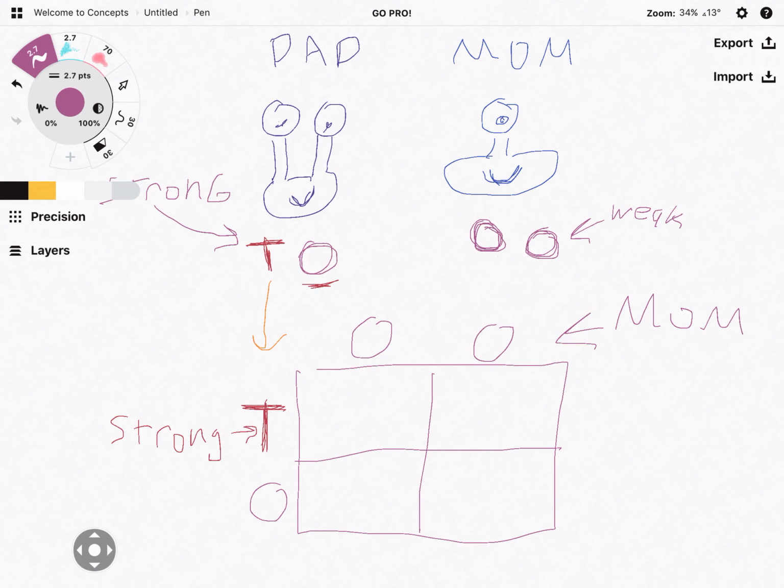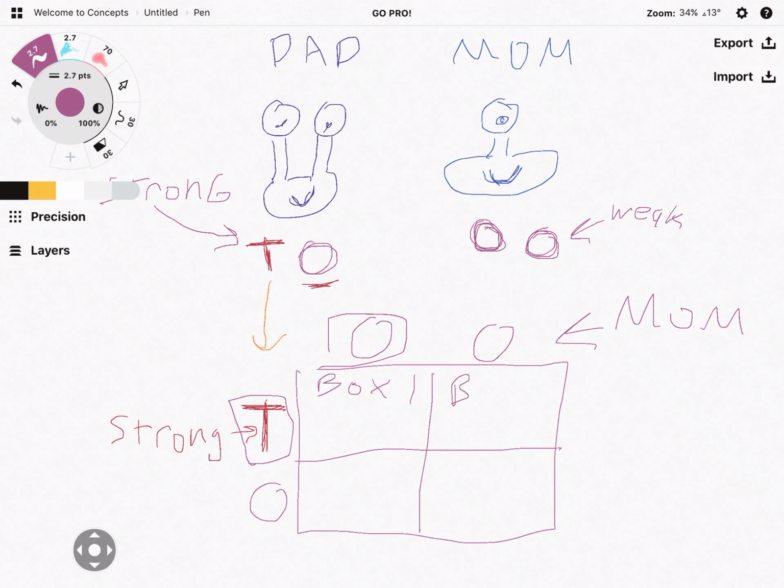So what I want you to do now, this is kind of your assignment. On your piece of paper, I want you to decide in box 1, what would that child look like? Would it have 2 eyes or 1 eye? I want you to draw the picture of the child that would be created by this and this.